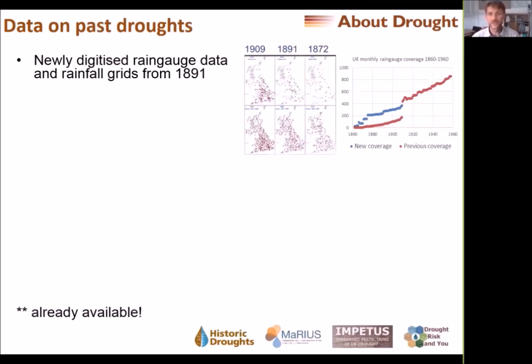This is with the Met Office working to digitise some of their historic paper archives to increase the coverage of rain gauge data sets, as you can see on the right there, and particularly in the period before 1910, where digitised rain gauges were particularly sparse. They've hugely increased the number of gauges available and produced gridded rainfall data sets based on that.